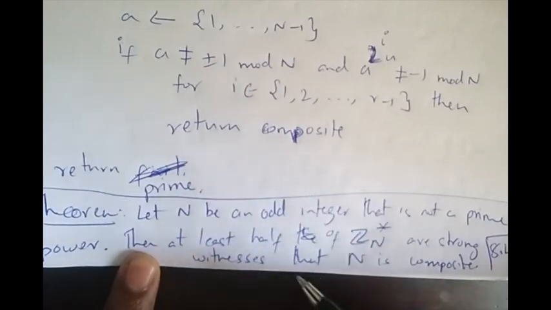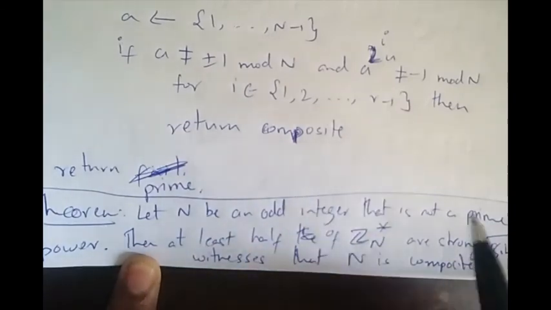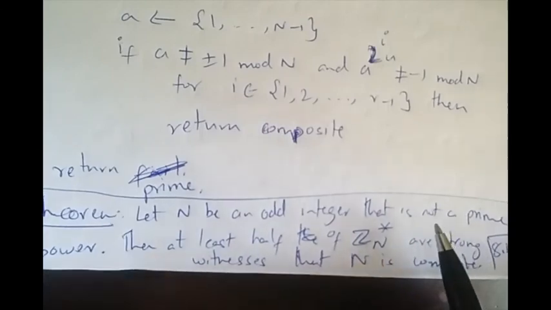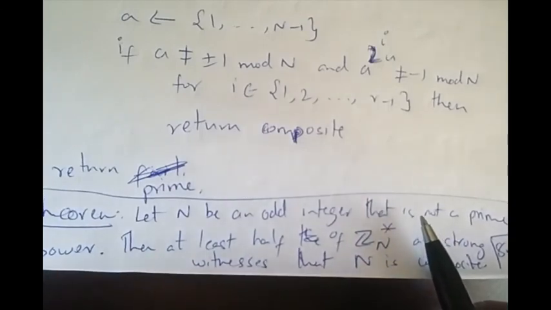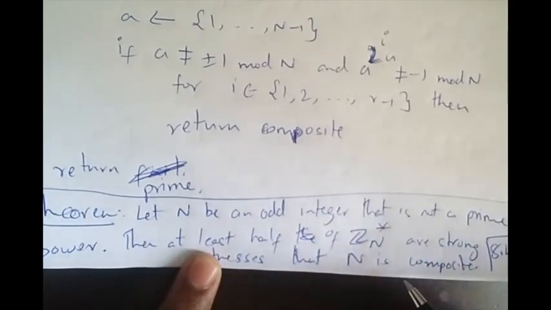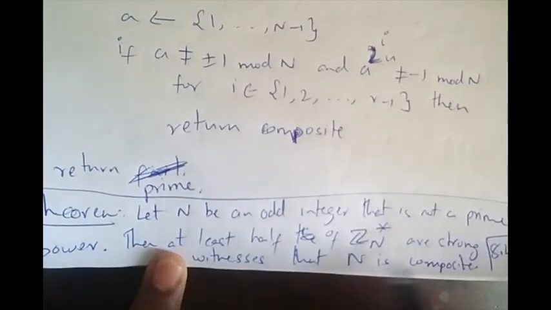But if n is composite, and we already checked that it's not a perfect power, then it is not a prime power. So the hypothesis of this theorem is satisfied, and at least half of Zn star are strong witnesses.